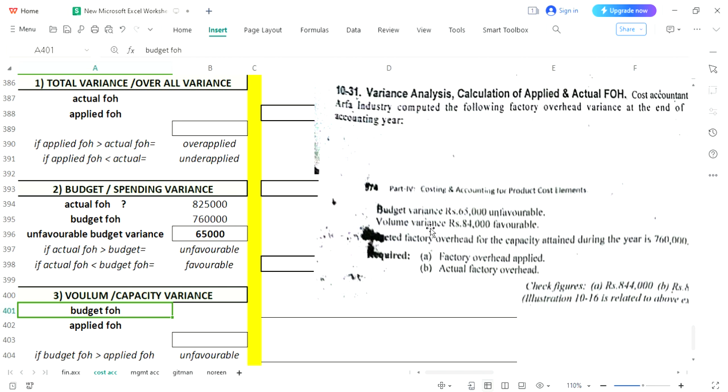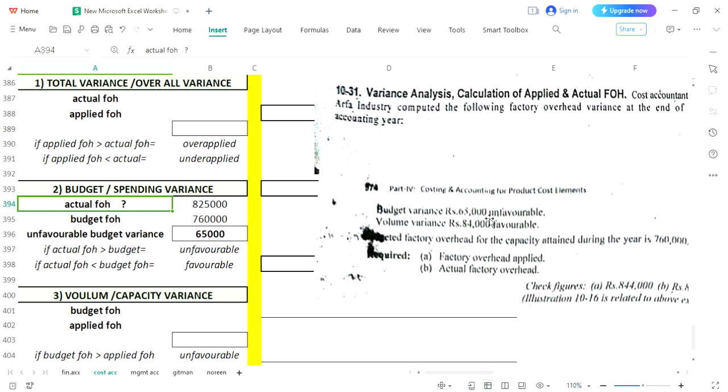Only two out of three variances were given in the question, so we will not be able to use the total variance, although you want to calculate your actual FH. Actual FH is present in total variance, and actual FH was present in budget variance. So why have we chosen budget variance instead of total variance? Because in our input budget variance was available.